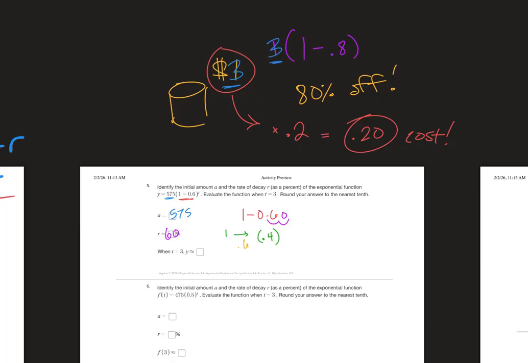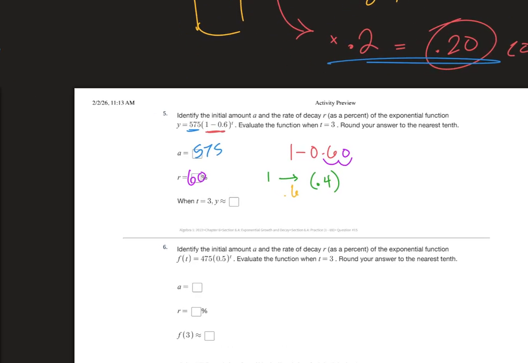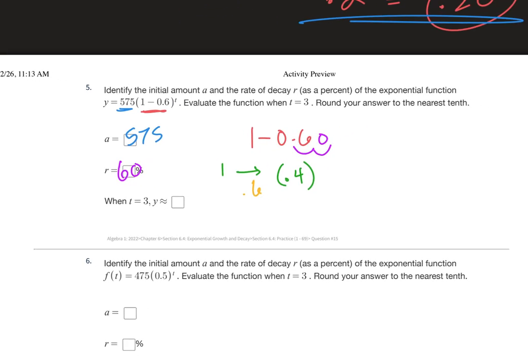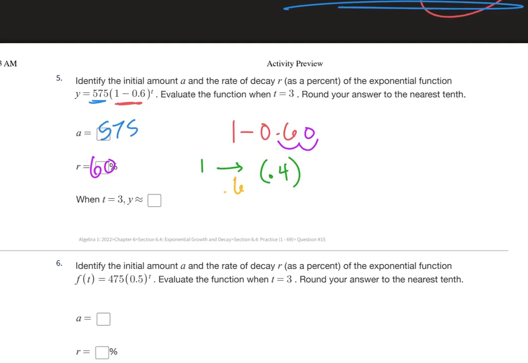And so check it out. On the inside here, that 1, which is 100% of the product, we're going to subtract 80% from, and we're going to end up getting 3 times 0.2, which is what I did right there. Okay. So now evaluate the function when t is 3.